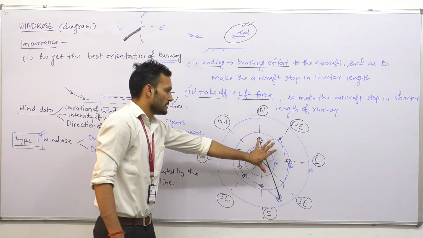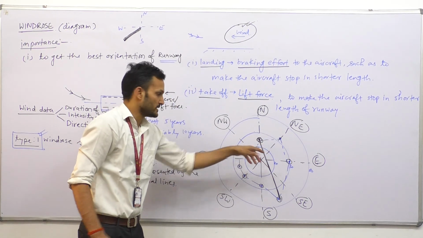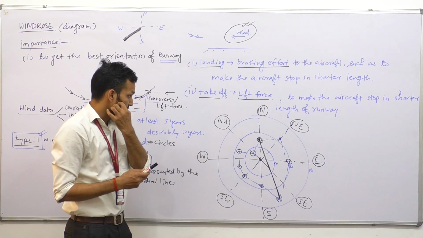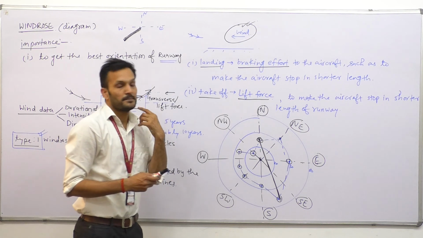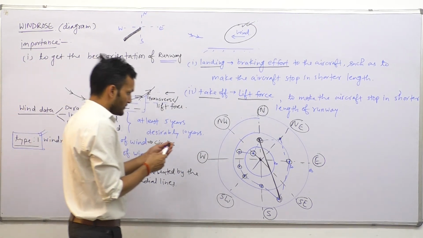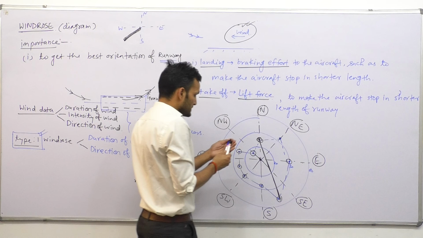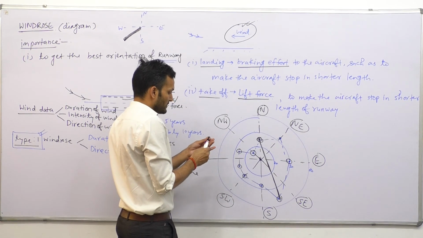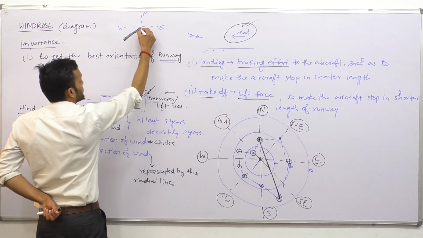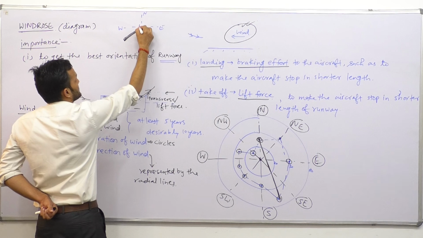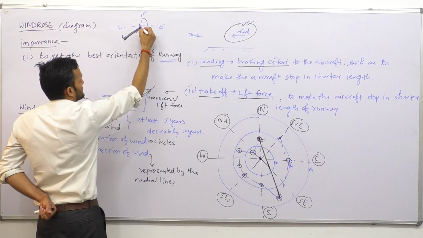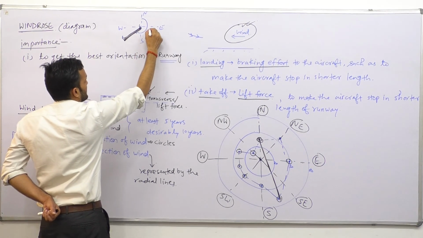If you make your runway oriented in this way, the orientation of this runway is depicted by a number referred to as the magnetic number. And that magnetic number is defined as what? It is defined as the clockwise bearing of the ends of the runway considering from the north. If I put the magnetic number of this point, say this is L and this point is R, then the clockwise angle of this runway will come around 210 degrees.